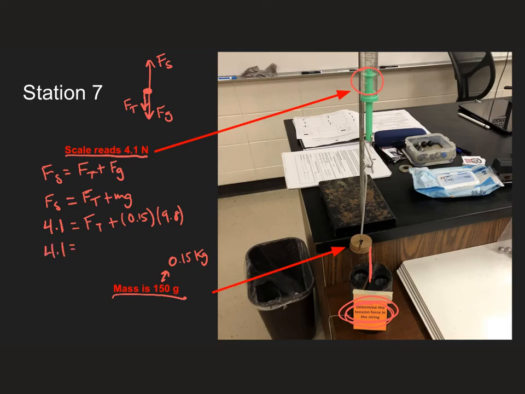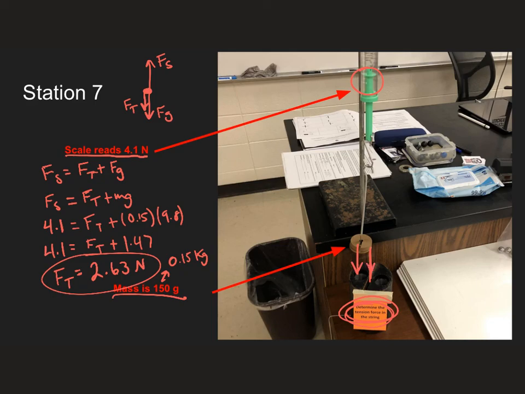So to do that, let me first multiply the mass times 9.8, 0.15 times 9.8. I get 1.47. So to solve for tension, I subtract the 1.47 over. And for this particular problem, we get 2.63 newtons.